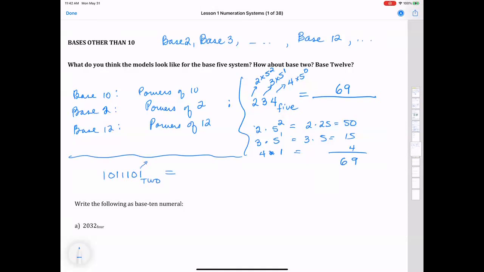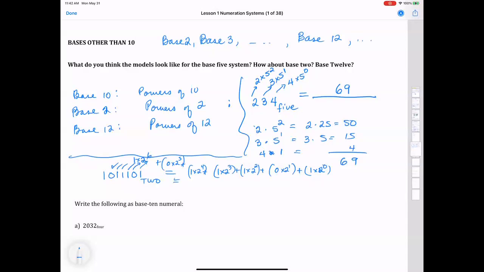So this is 1 times 2 to the 0, plus 0 times 2 to the 1, plus 1 times 2 to the 2, plus 1 times 2 to the 3, plus 1 times 2 to the 4, plus 0 times 2 to the 5 and 1 times 2 to the 6.